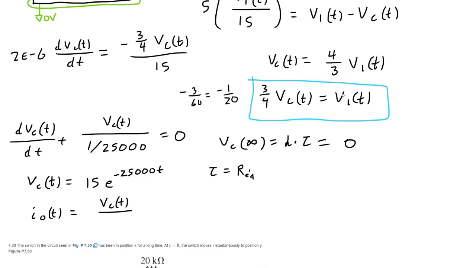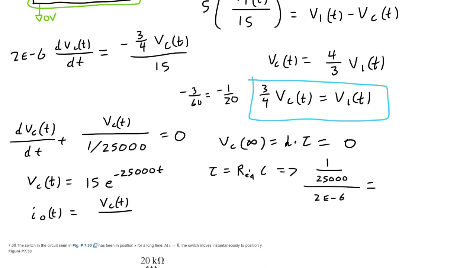So REQ times C equals 1 over 25,000, so divided by C, 2 times 10 to the minus 6.